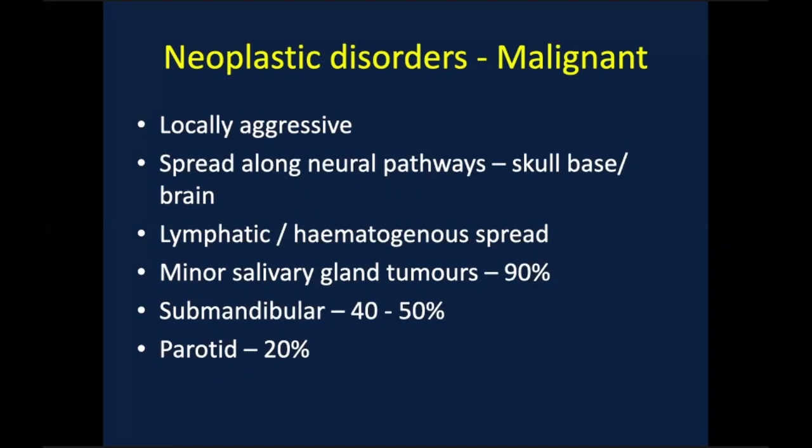Let's move to the more severe ones, the more aggressive, sinister ones, which are the malignant tumors. So what you need to know about malignant tumors of salivary glands is that they are locally aggressive, right? What I mean by locally aggressive is, in the area where the tumor is situated, they try to invade the adjacent structures. So if there are blood vessels, they erode the blood vessels, nerves, they erode. If it is close to the skull bone, the bones will be eroded.